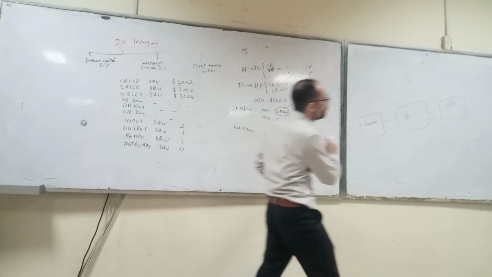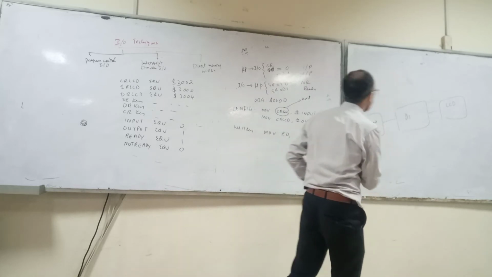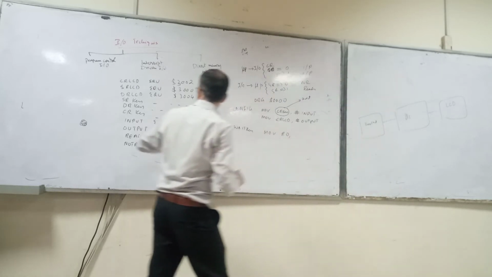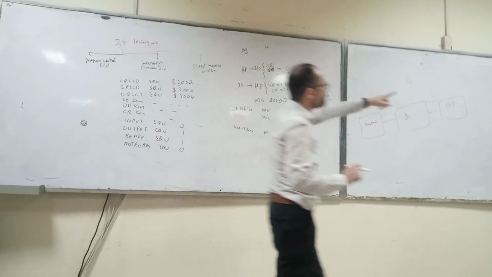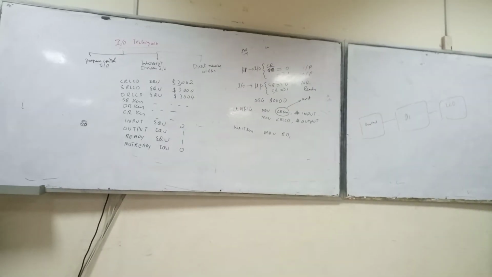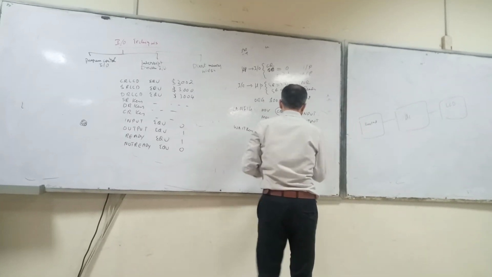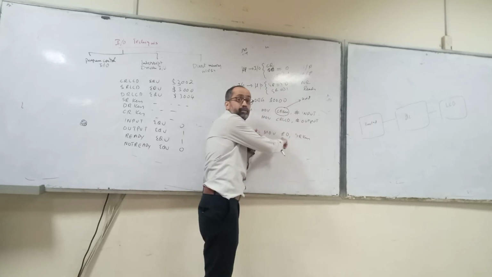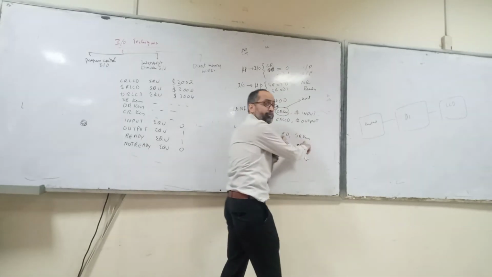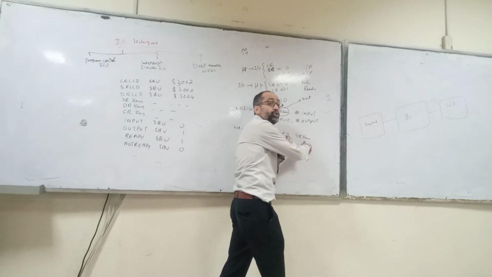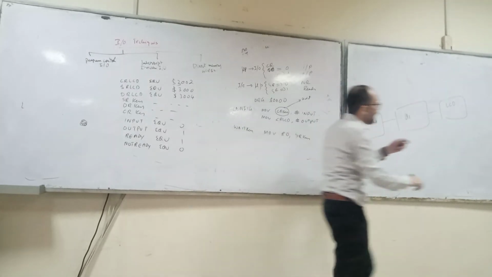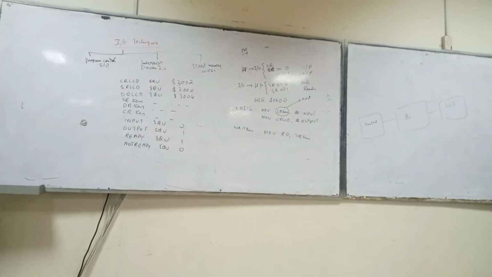Move R0, what is the address of the status register? $200, SR key. Which addressing mode is this? Register addressing mode? Which addressing mode is this? Absolute.